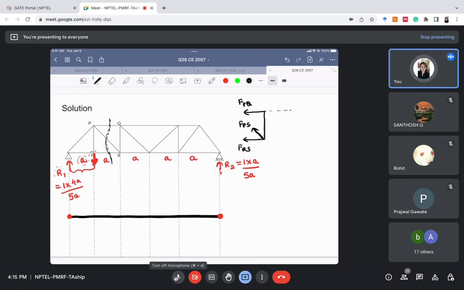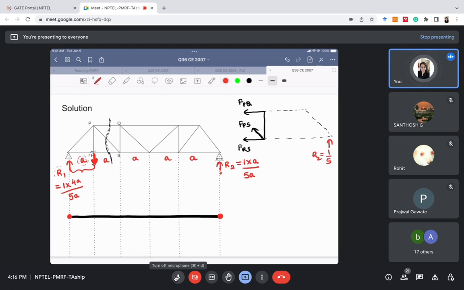We can just make a dashed line like this. We do not bother about the orientation of the chords right now. We only draw the members which we have cut. And we have to draw the reaction R2 as well, which is 1 by 5 here. I hope it is clear.